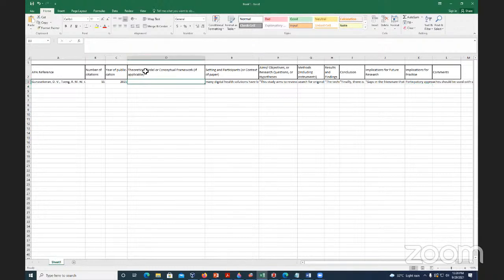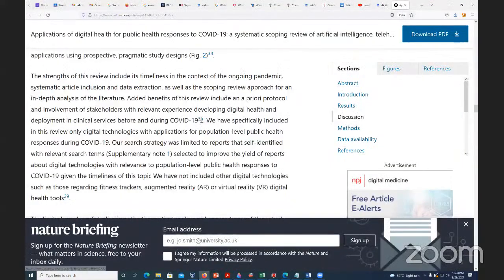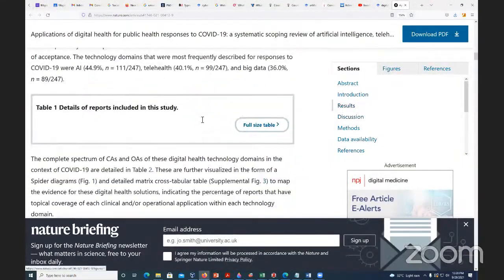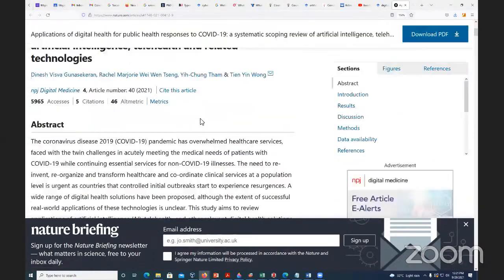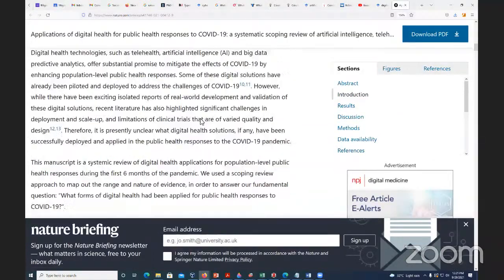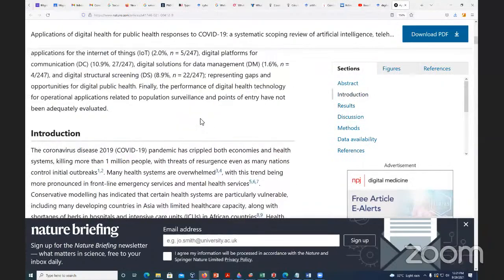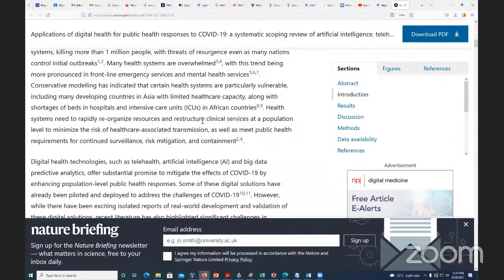So we didn't look to see if there's a theoretical model or conceptual framework. Let's go back and see. In a systematic review, there's unlikely to be a theoretical framework. I doubt it. Let me just see. There's an introduction.